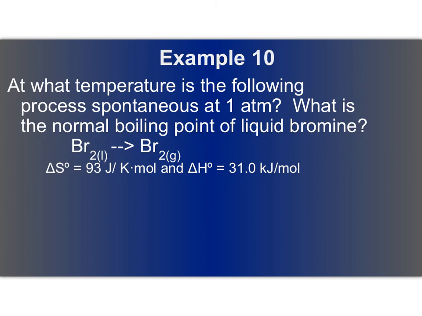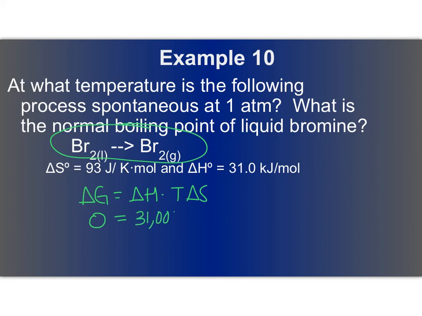So if we write the Mama equation down, delta G is equal to delta H minus T delta S, and we substitute in the values. Remember, this is a phase change. Liquid bromine is converting to gaseous bromine, so delta G would be 0. Our delta H is going to be 31 kilojoules per mole. I'm just going to actually change that to 31,000 joules per mole.